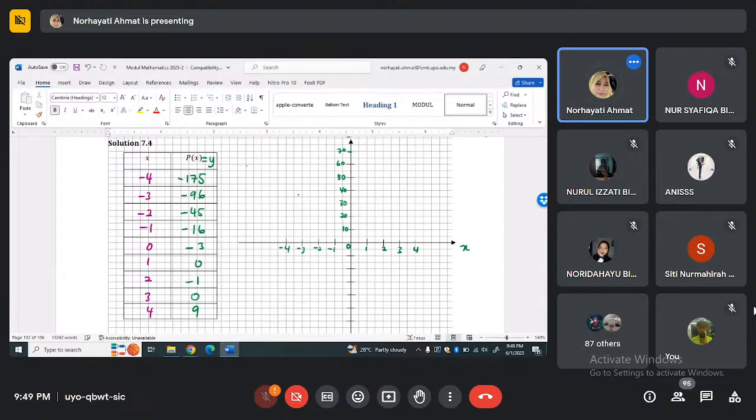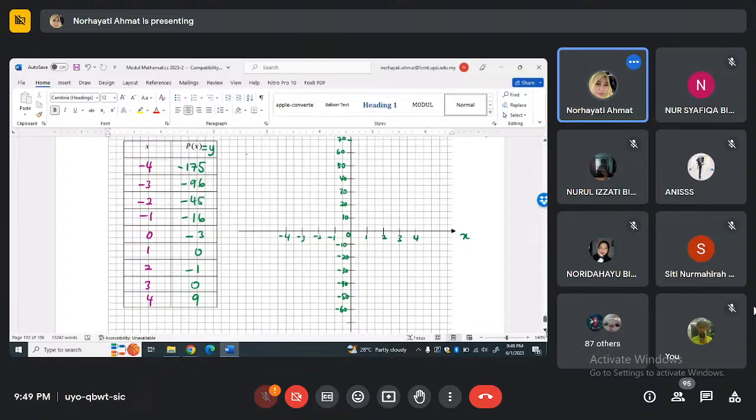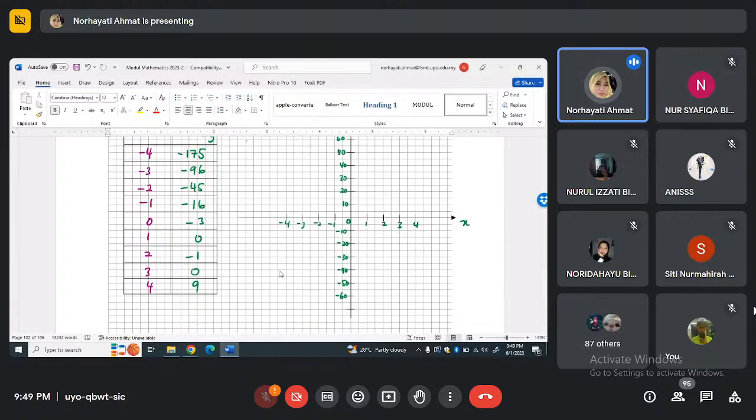Negative 10, negative 20, negative 30, negative 40, negative 50, negative 60 and negative 70. Alright, so now we plot the points.